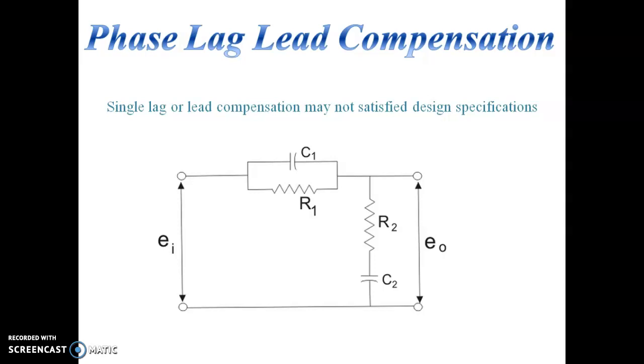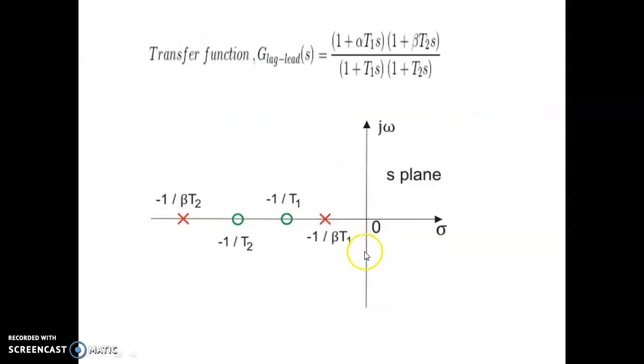For an unstable, uncompensated system, lead compensation provides fast response but does not provide enough phase margin, whereas lag compensation stabilizes the system but does not provide enough bandwidth. So we need to multiply the compensators in cascade, as you can see here, right? Combination of lead lag.